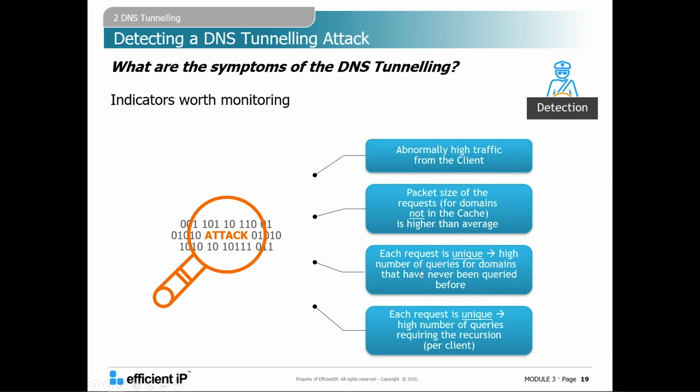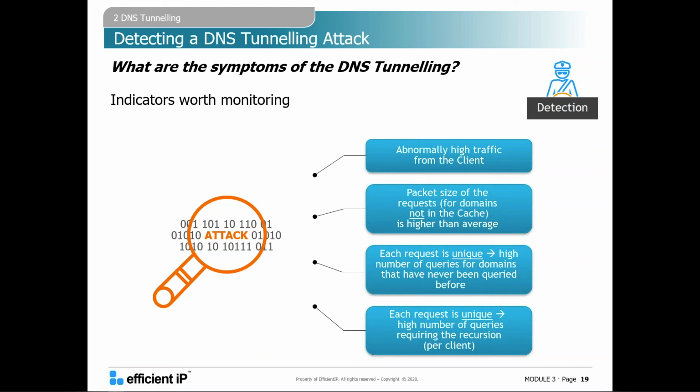Like I mentioned earlier, service providers typically observe a cache hit rate of about 90 to 95%, so typically all the queries should be answered by the cache with very low recursive requirements. But when you have DNS tunneling, each request is unique, which means it will never hit the cache.